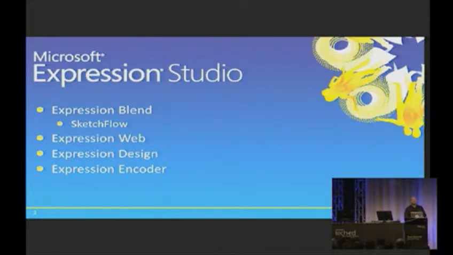And Expression Blend is, I guess, the headline act of Expression Studio. It's the user interface design and production tool for building all those XAML-based user interfaces. So as I said, for Surface, Windows Phone, for Silverlight and WPF.